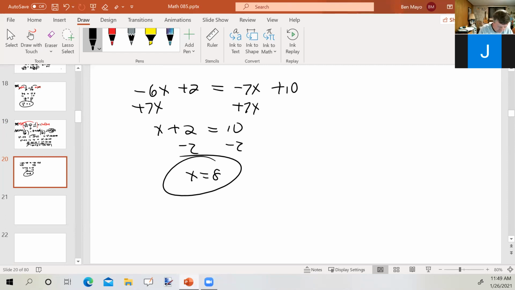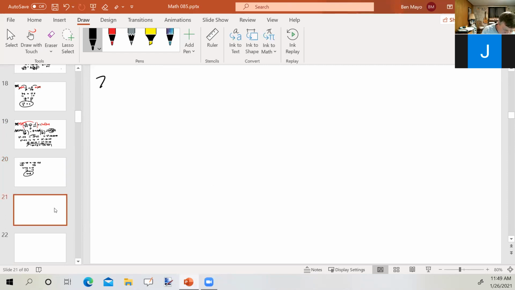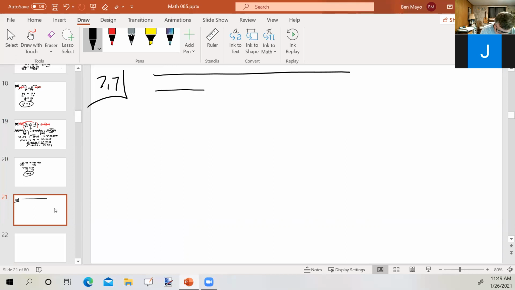So we're going to take a look at 7.7. And the first thing I want to do is look at some tables. Okay, so let me draw a table here. It's going to take longer to draw the problem than it is to do the problem, but such is the life.